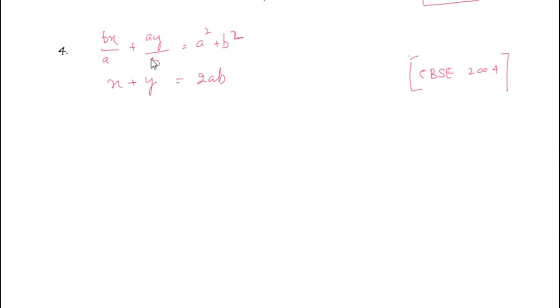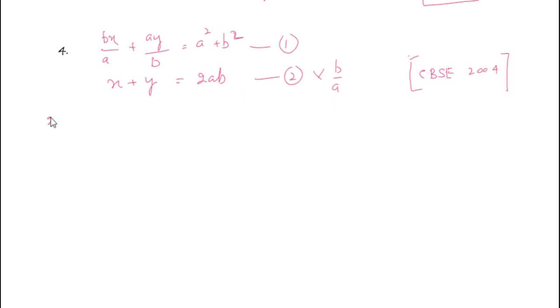So the coefficient of x in equation 1 is b by a, and the coefficient of x in the second equation is just 1. Now suppose you multiply the second equation by b by a, then the coefficients of x in both the equations will be the same. So let us multiply the second equation by b by a.